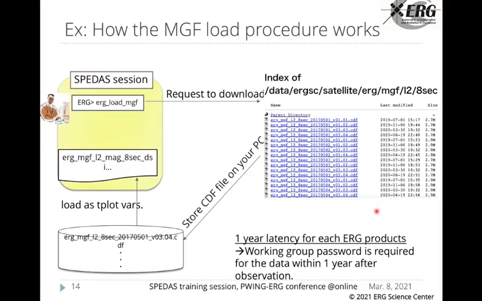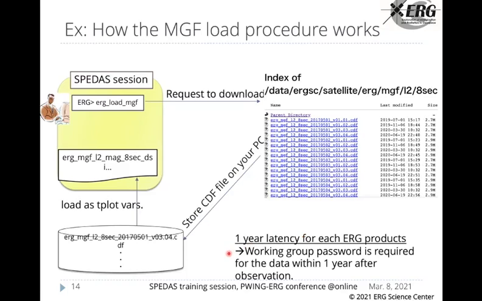Okay, here. And for some of the ERG data, this 1 year latency rule is applied. Basically, scientific data of the ERG satellite is opened to the public after 1 year has passed since the observation time.